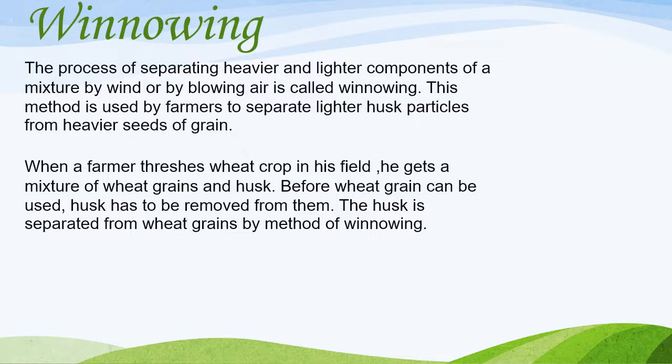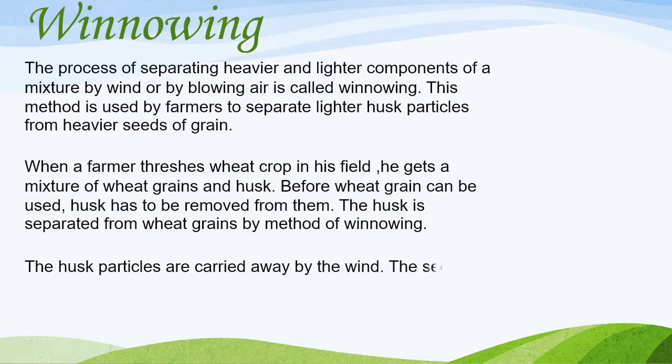Wheat grains including husk cannot be used, so first of all, farmers remove husk particles from them, then it can be used. This is done by the method of winnowing.